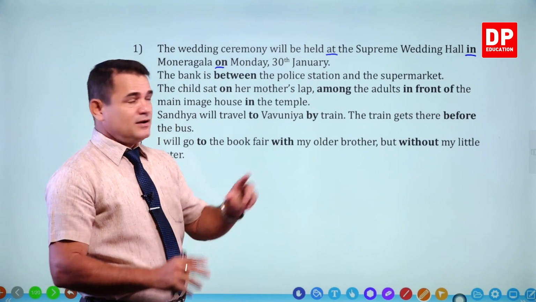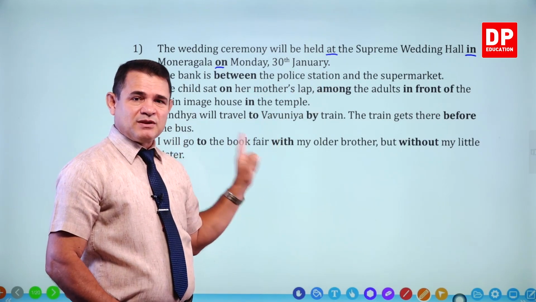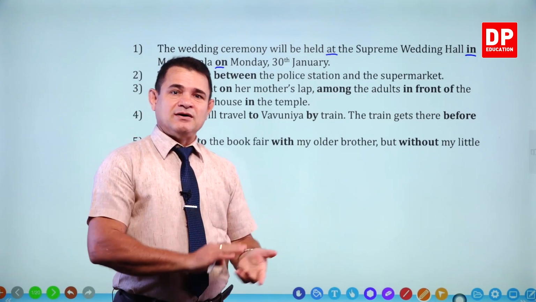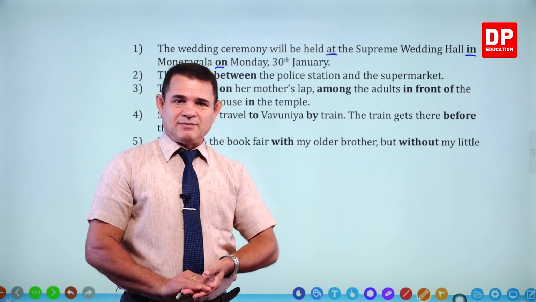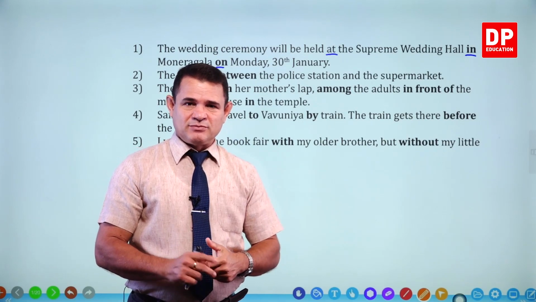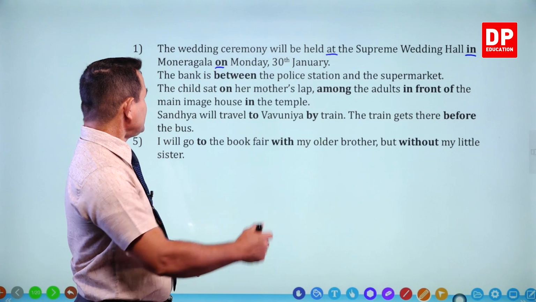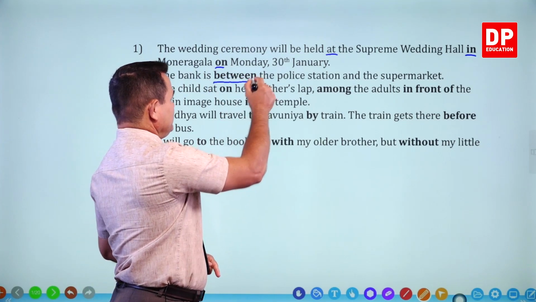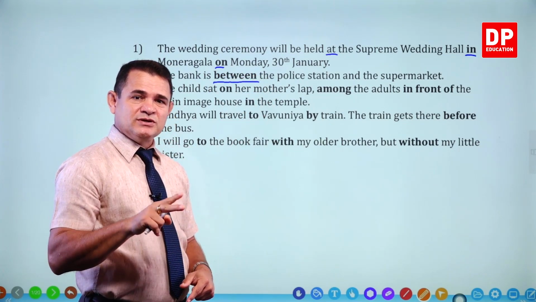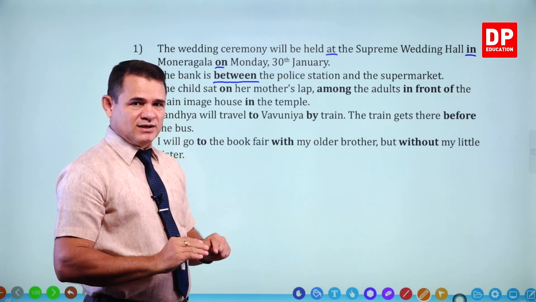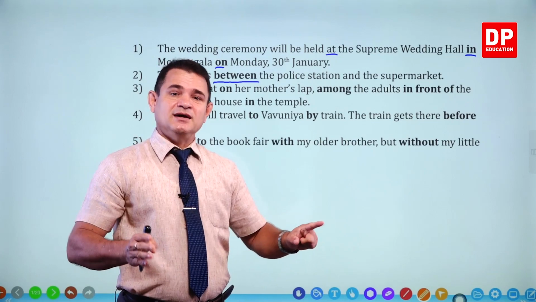Now when you look at these prepositions you can remember what you learned in our previous lesson. Just have a look at these things, right? And also between, we use it to talk about two things. Between is used for two things, and among for many.